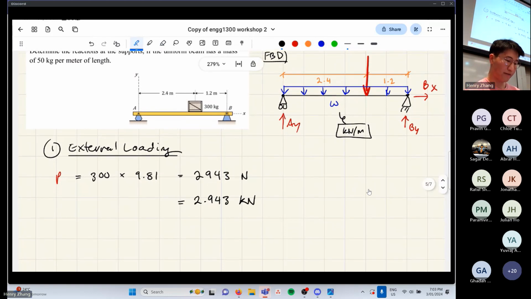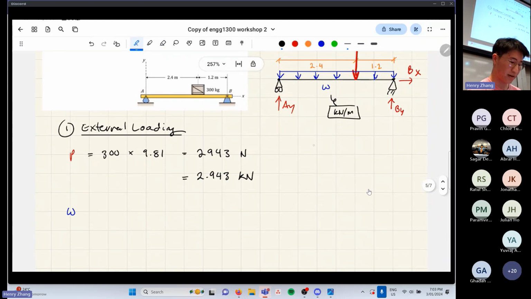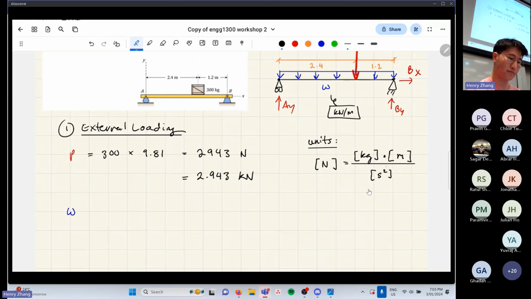Okay. So before we tackle the uniformly distributed load, let's quickly talk about the units. So the units of newtons, right? It's kilograms multiplied by meters divided by seconds squared, right?